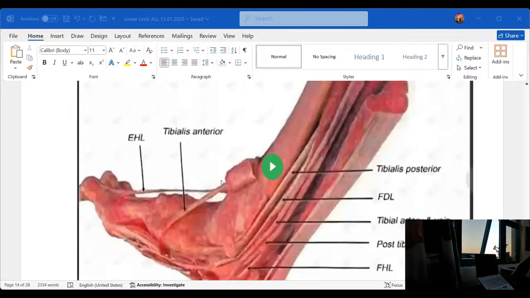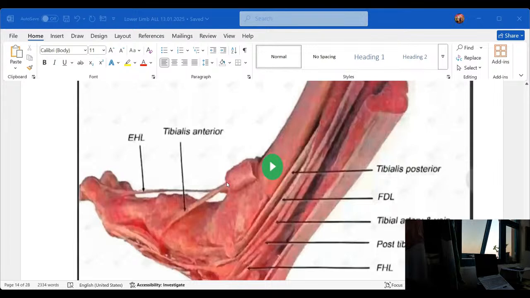Extensor hallucis longus, tibialis anterior just before tibialis posterior. Then extensor digitorum longus, just opposite.